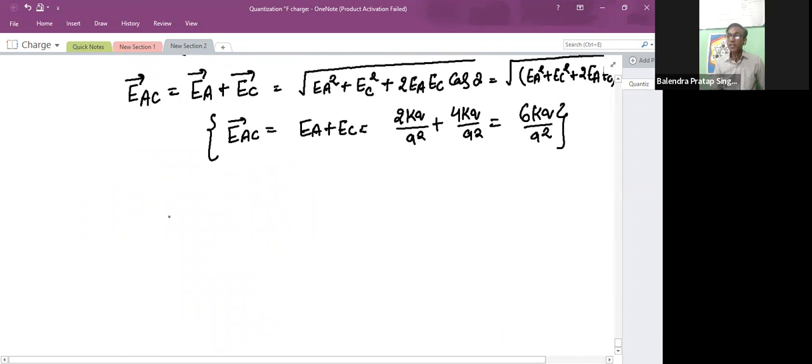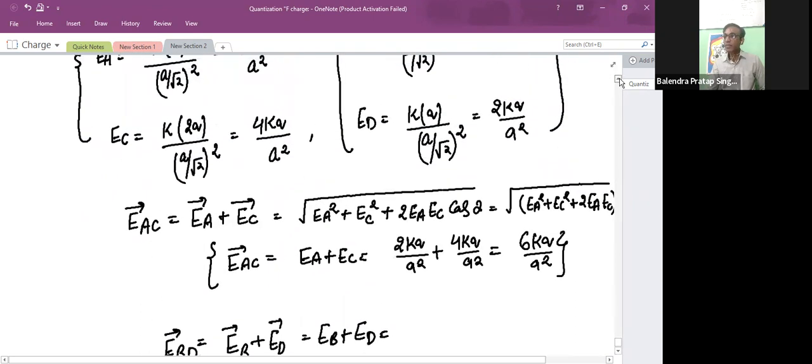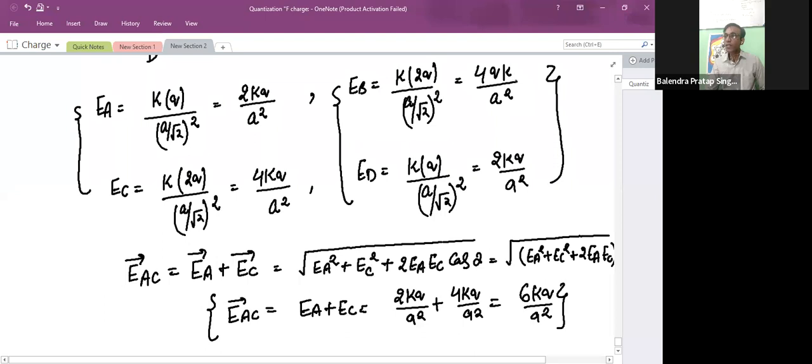So next, vector BD is the sum of vector EB plus vector ED, which is nothing but EB plus ED. We have already found the magnitudes of EB and ED. EB has the value 4k q by a square, and ED has the value 2k q by a square.